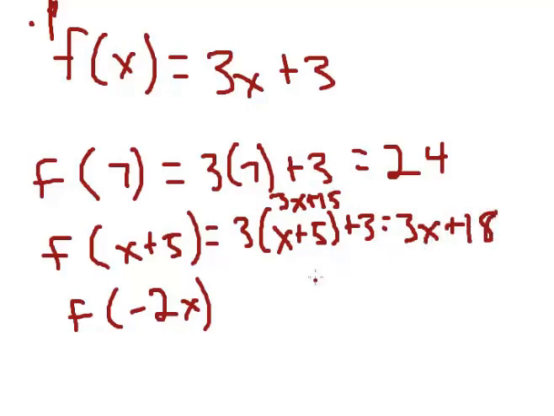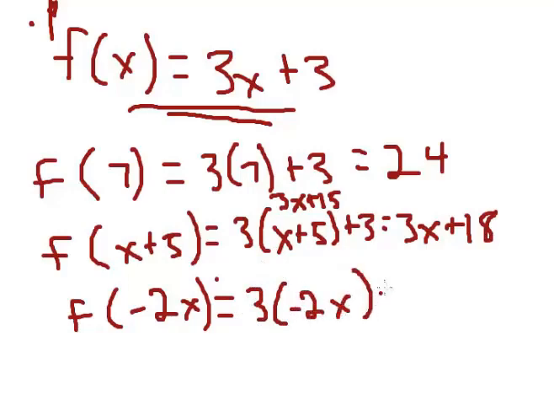So f of x plus 5, based on this function up here, is 3x plus 18. What about negative 2x? Again, very simple. We'll just substitute the negative 2x for the x. So that's 3 times negative 2x, which is negative 6x, plus 3.